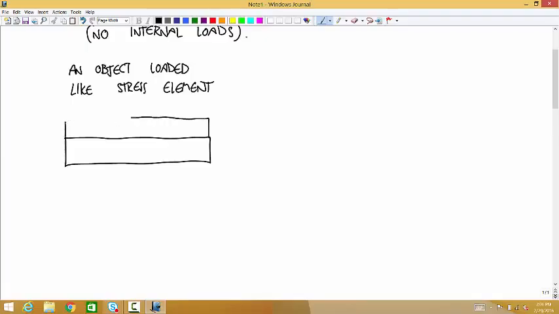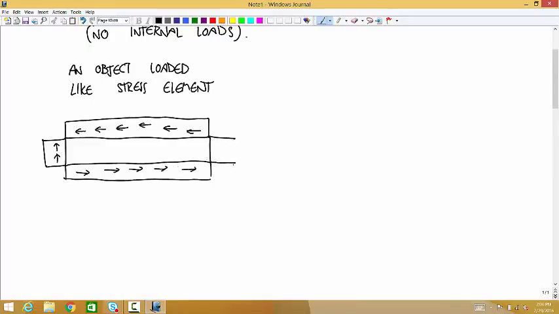So if you have any kind of distributed load along the face like this, it has to have the matching distributed loads. Okay, and these have to be the right values for this to be in equilibrium.